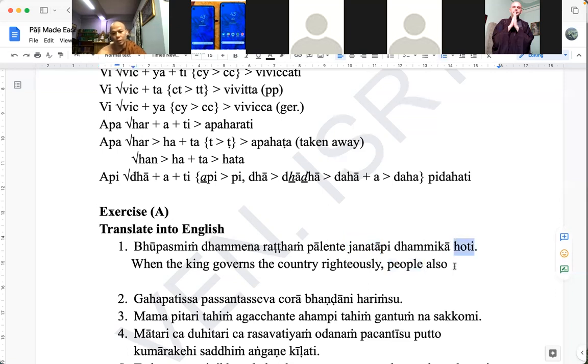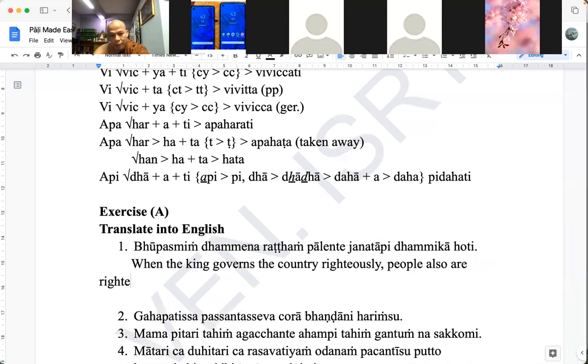Even though here Hoti, here will be, and Dhammika also. So righteous. Okay. People also Hoti, or become righteous. So become righteous in this way. So Bubasame Dhammina Ratan Balindi. So Janata Bi Dhammika Hoti. When the king governs the country righteously, so people also become righteous.